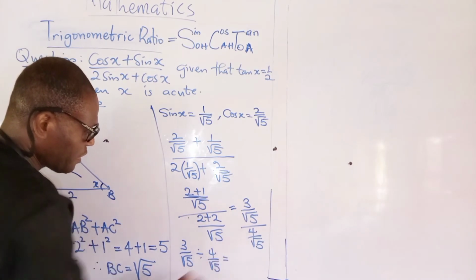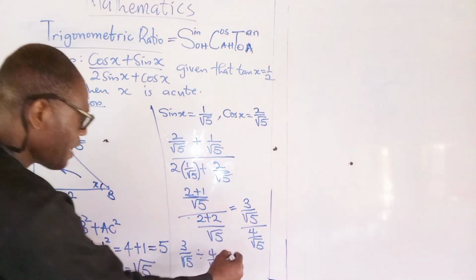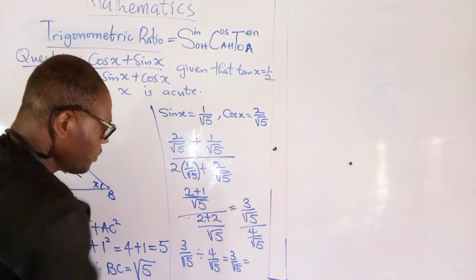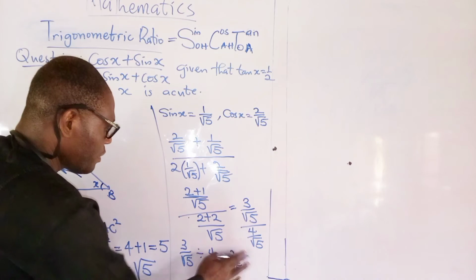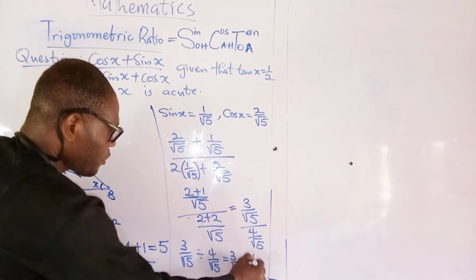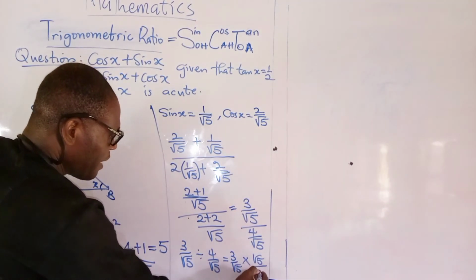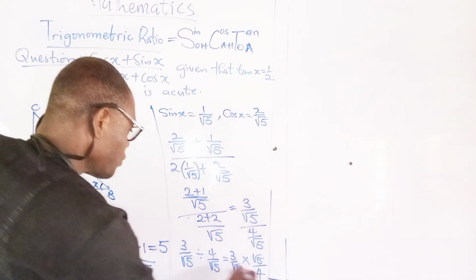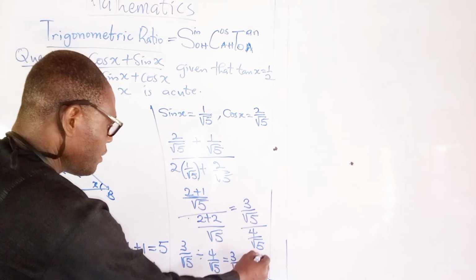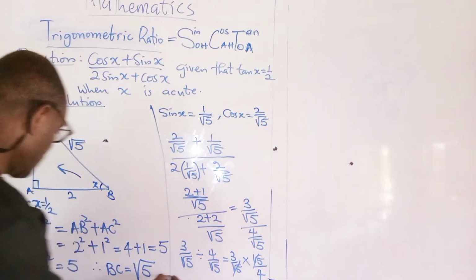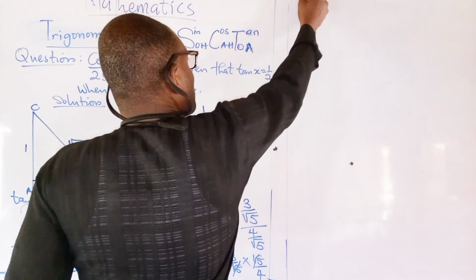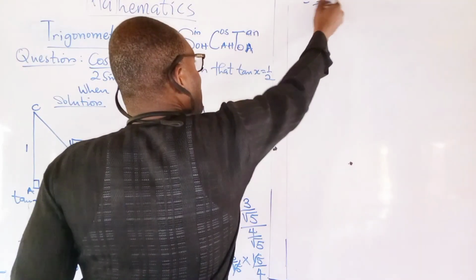So this is the same thing as reversing this: 3 divided by square root of 5 times square root of 5 divided by 4. So this cancels this. So we have 3 divided by 4.